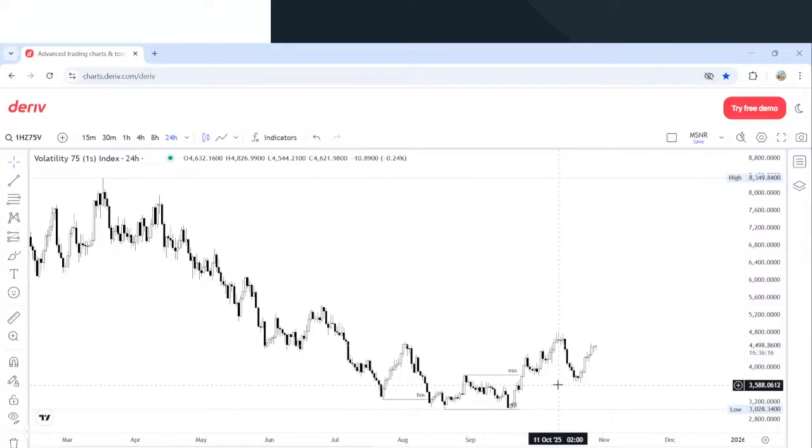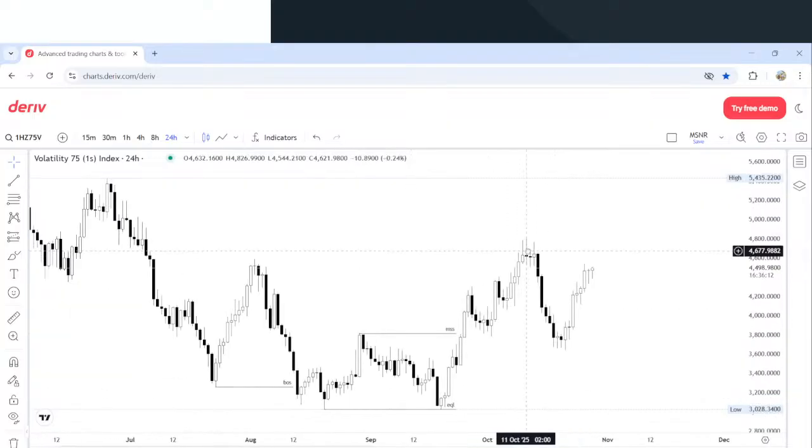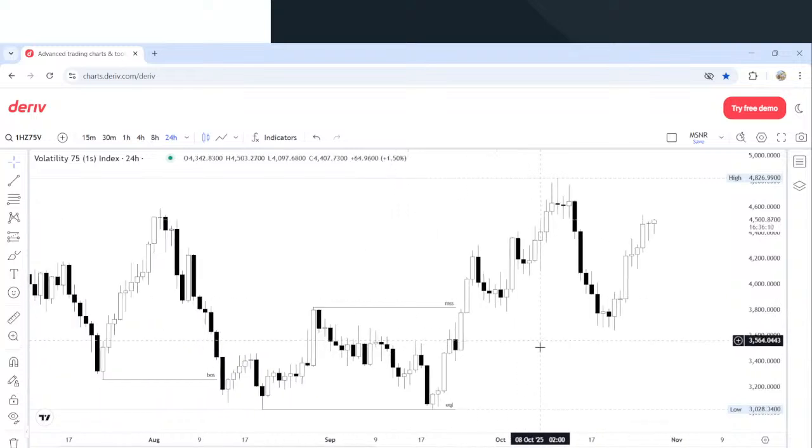I'm trying to figure out what's what. All right, let's zoom in and see. This is liquidity, break of structure, MSS, and then all right, let's mark this as our liquidity here. Here is my liquidity.